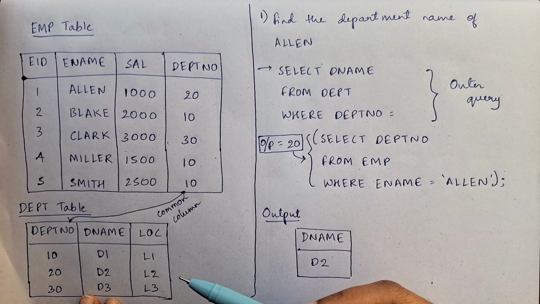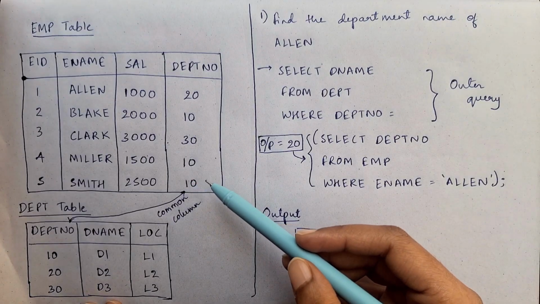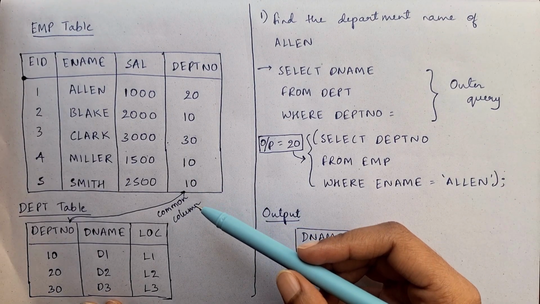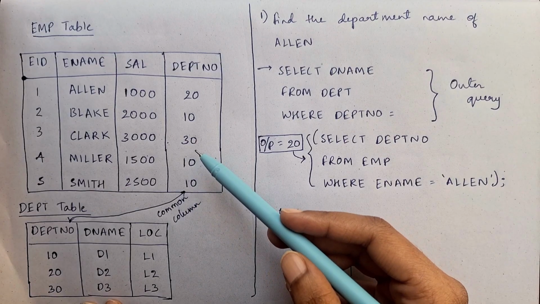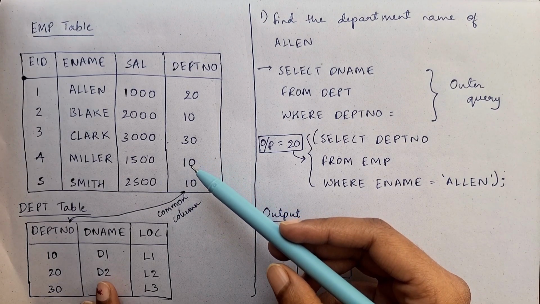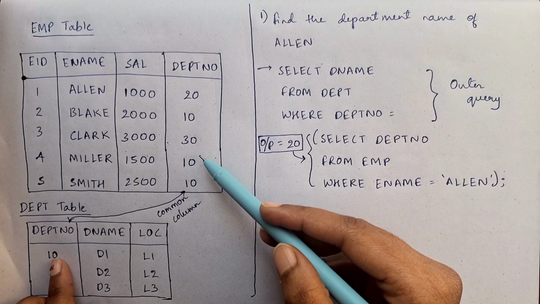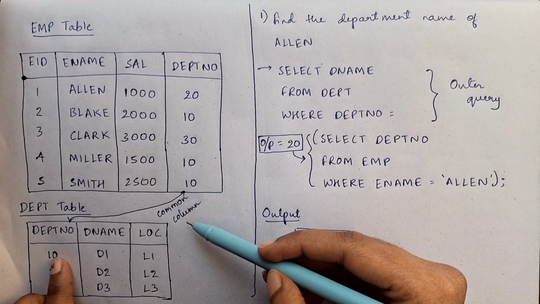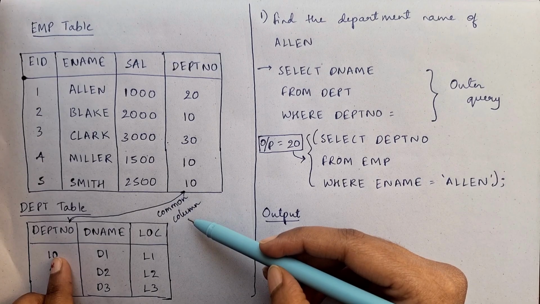Guys, now please listen carefully. What I am telling you is very important. If you observe these two tables carefully, you will notice something important. Both the EMP table and the department table contain a column called department number. This column acts as a common column between the two tables.